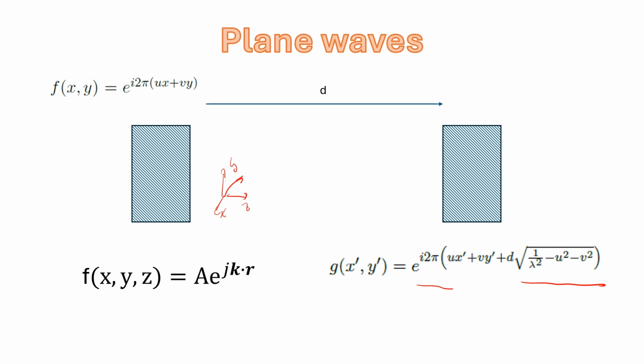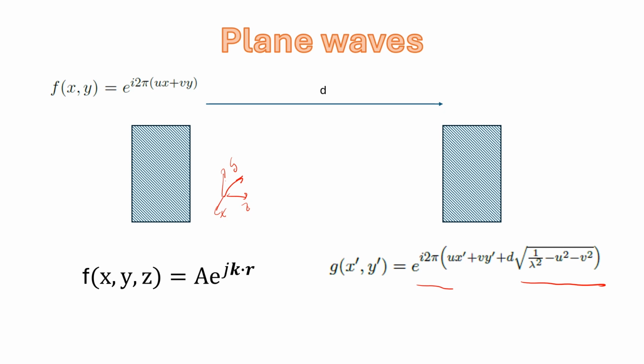So plane waves are modes of the wave equation, and as they propagate, they are just phase delayed in proportion to the distance that they propagate and the z component of the wave vector.